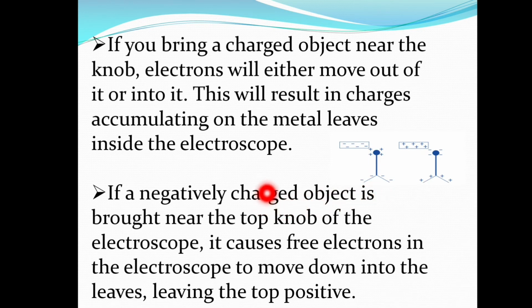When a negatively charged object is brought near the top knob, it causes the free electrons in the electroscope to move down. They are negatively charged and the knob is positive. The top is positive and the leaves are negative.